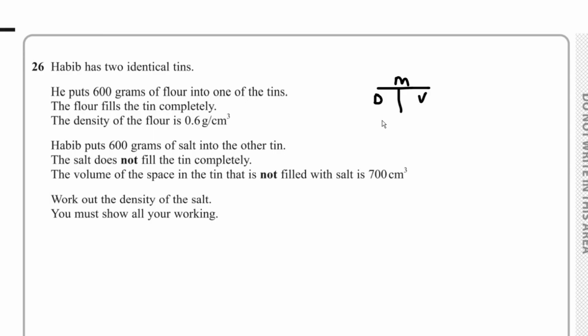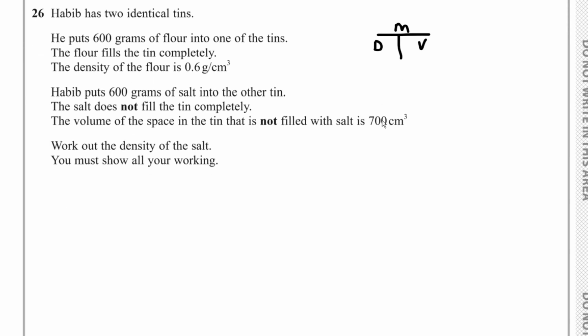So we've got 2 identical tins. Now if I take a look at tin 1, which is the one with flour, I've got a density of 0.6. I've got a mass of 600 grams.